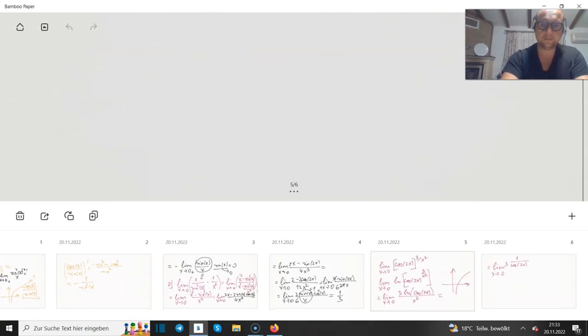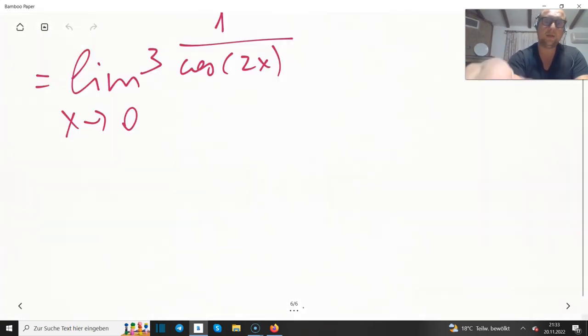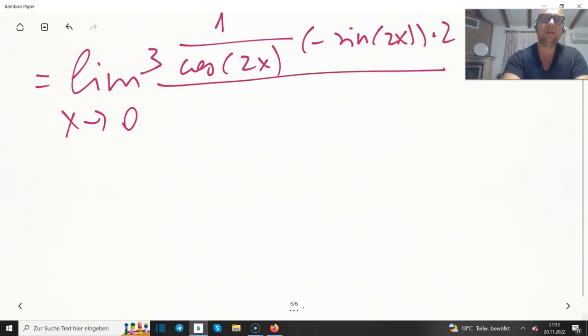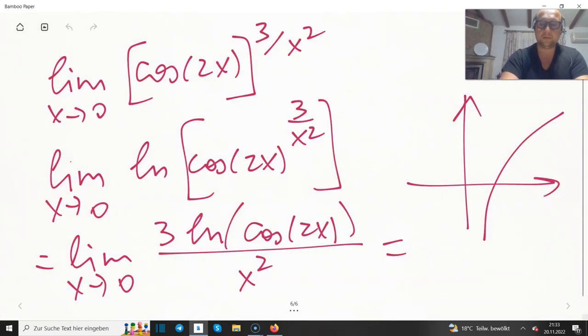I hope it is. Now the derivative of the cosine would be a minus sine of 2x. And then we have extra 2. And in the denominator it was, I think, only 2x. Yes, okay.